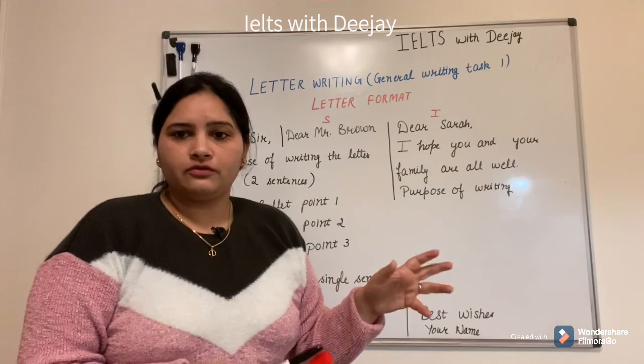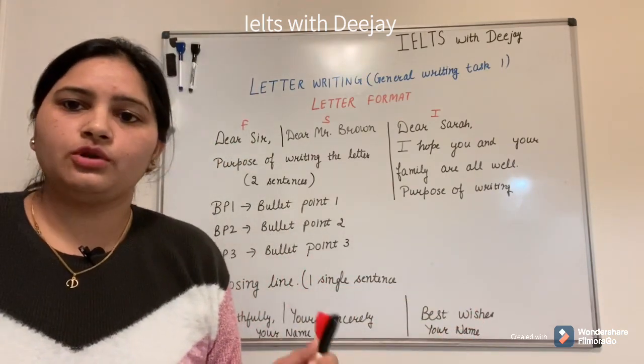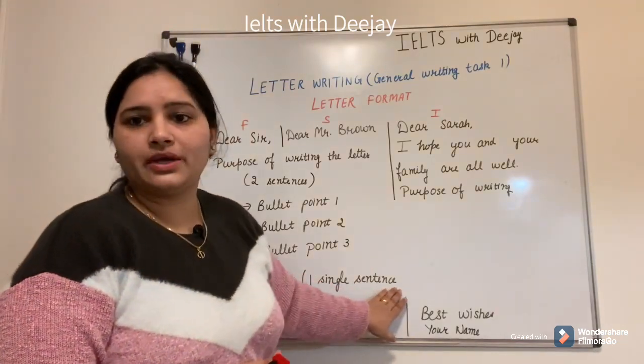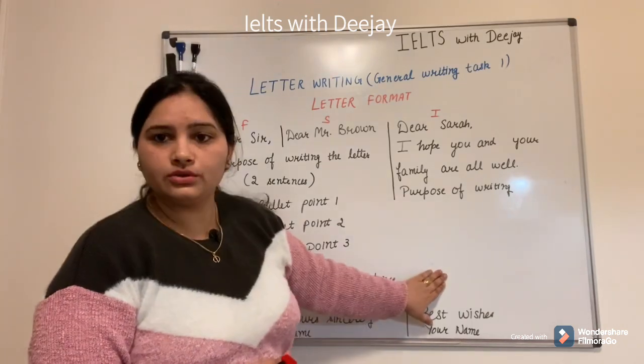You have bought something from somewhere and that thing is showing some problem, so you want some action to be taken. That will be your closing sentence. You will write it here. I look forward to hearing from you soon. This is how you do it.